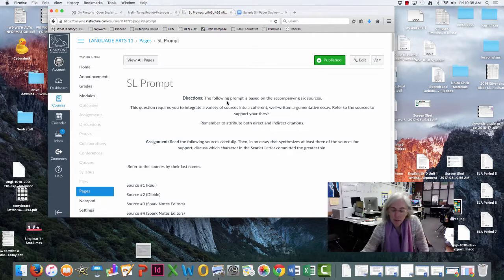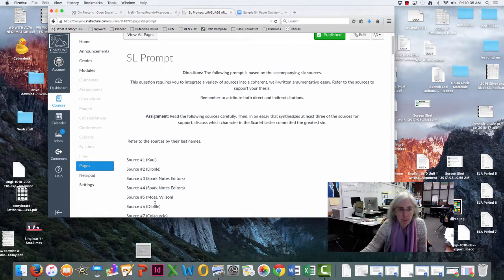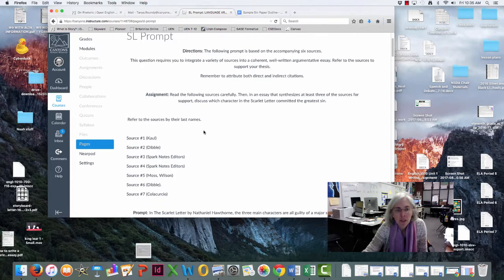And so understanding for the ACT, any test, any question, anywhere, is what is the question asking itself. So first they had you read these sources and explain that this is going to be an essay that synthesizes at least 3 of the sources for support. So we're wanting to at least note that the book itself is one source and using a couple of others as you go.